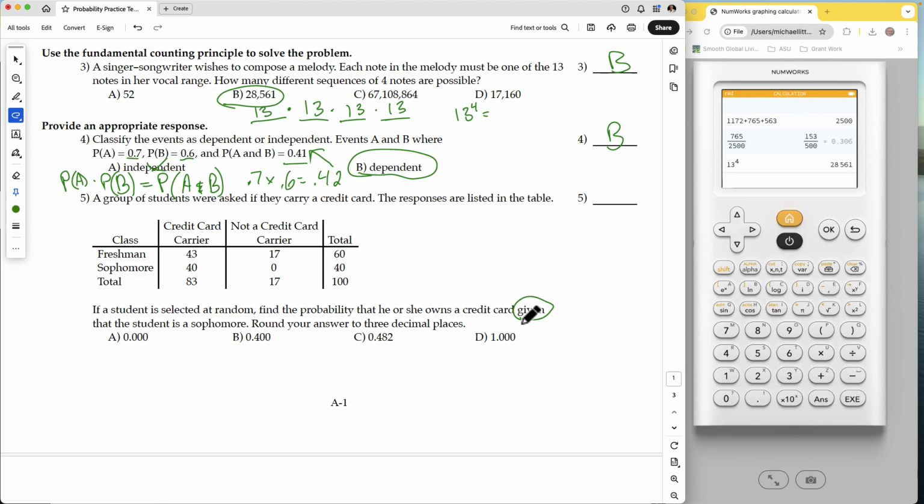We know the student is a sophomore, so we're only dealing with the numbers in this horizontal stretch. We get to ignore anything about freshmen because freshmen are not considered. So these totals don't exist, only these numbers. 40 carry a credit card, so that's 40 out of 40, which equals 1. D. Okay. Conditional probability.